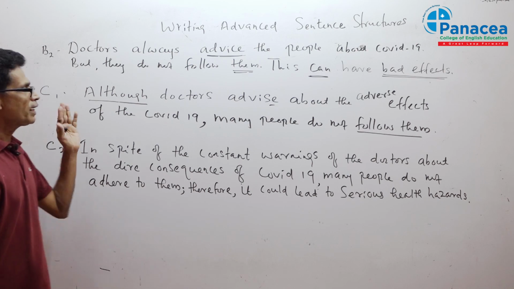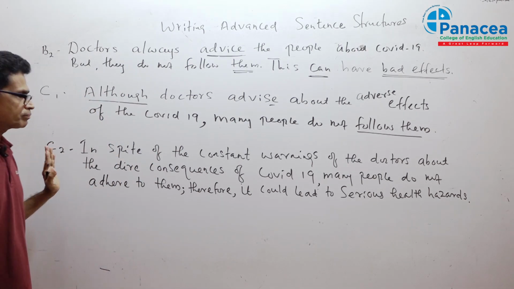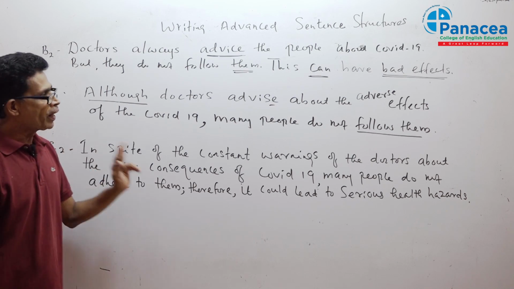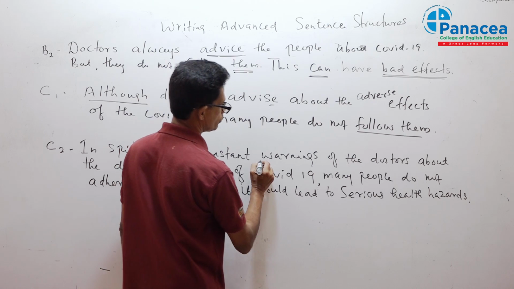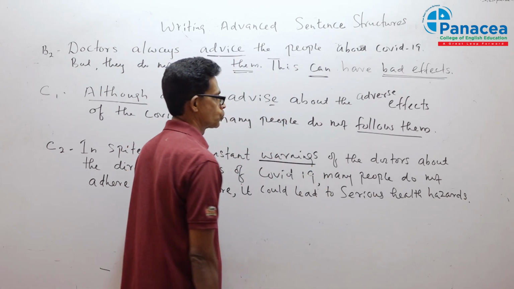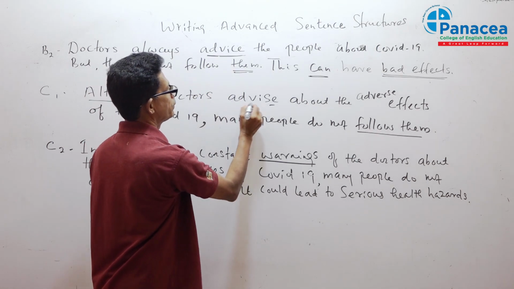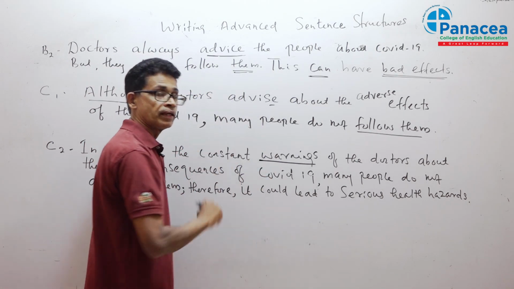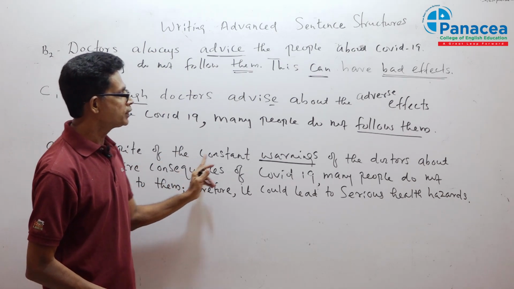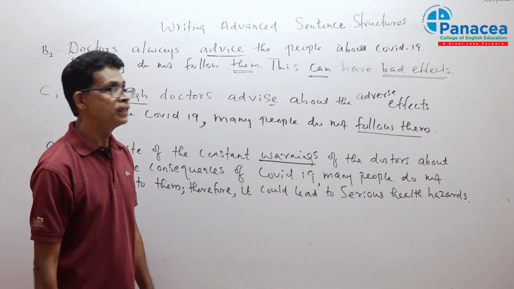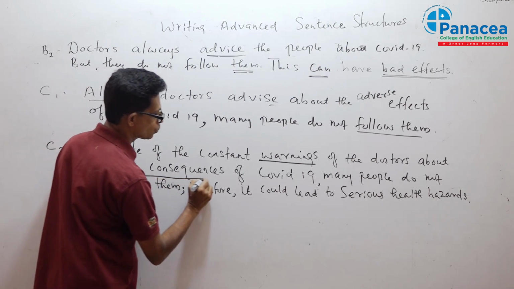So, we can further develop into this level. So, in spite of the constant warnings of the doctors, so අපි ආරක්ෂක අවවාදයක් කියන්නේ අපි advice නෙමෙයි, අපි කතා කරන්නේ warning එකක්. එහෙනම් in spite of the constant warnings of the doctors about the dire consequences.